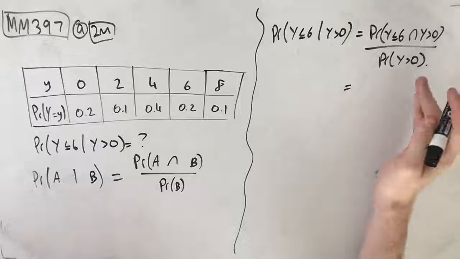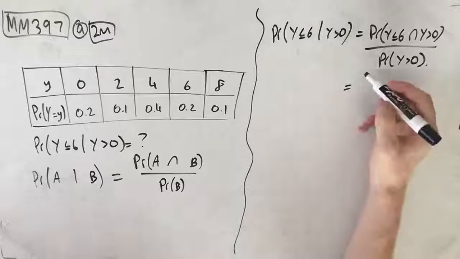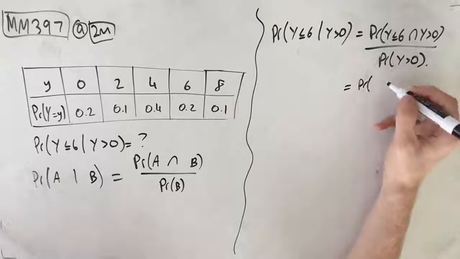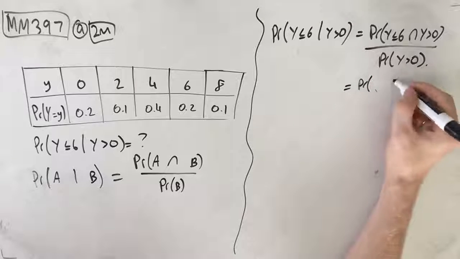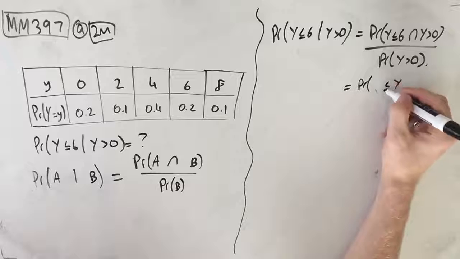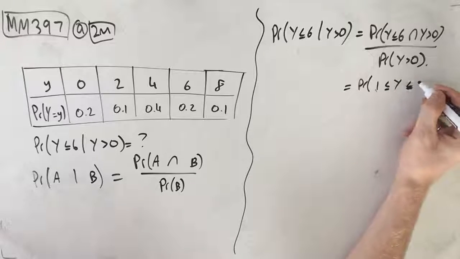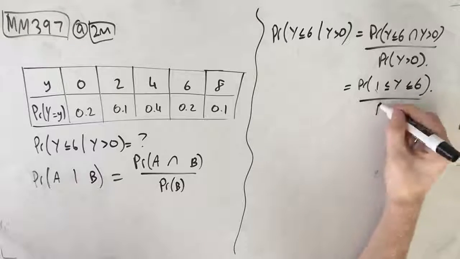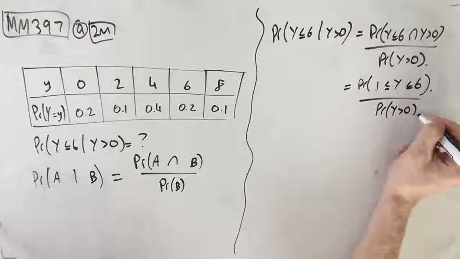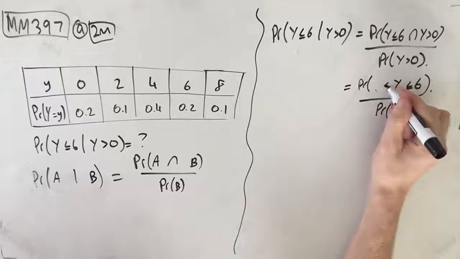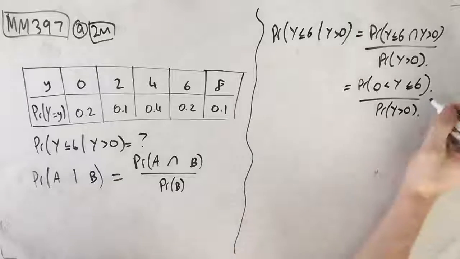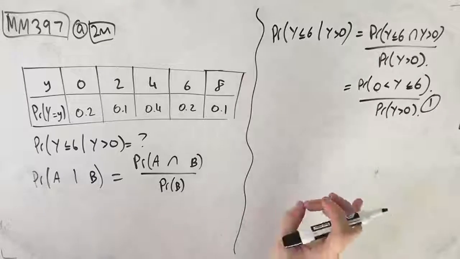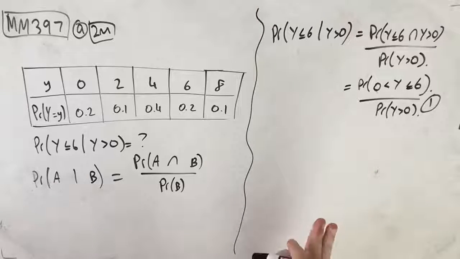Okay, so it's everything above 0 that's also 6 or less, which means that this is the probability that y is between 1 and 6 over the probability that y is greater than 0. Or you could even just say it like this. Awesome. So this is actually our first mark. This is a 2-mark question, and getting that formula there gets us our first mark.